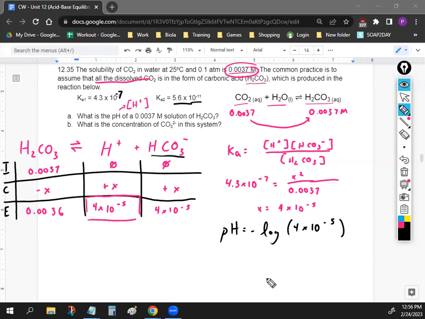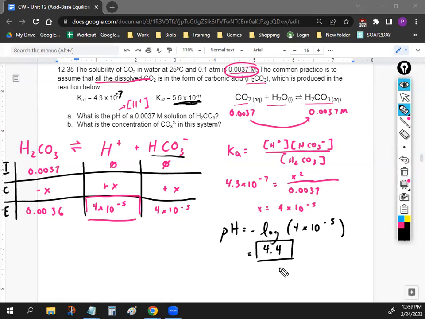If we did it experimentally, your pH meter would not even be able to read the difference. So we can just plug this in directly the way it is. Keep that in mind. It'll make your life a lot easier instead of trying to do the second one without figuring out the X value. So here we're going to find the pH, and it should be about 4.4. The pH value is 4.4, so somewhat acidic.